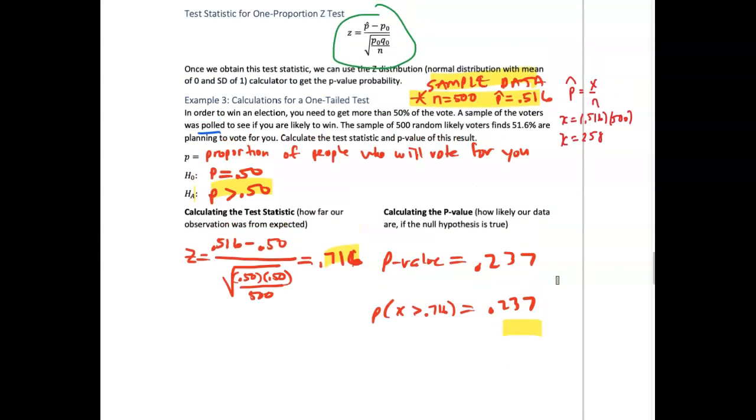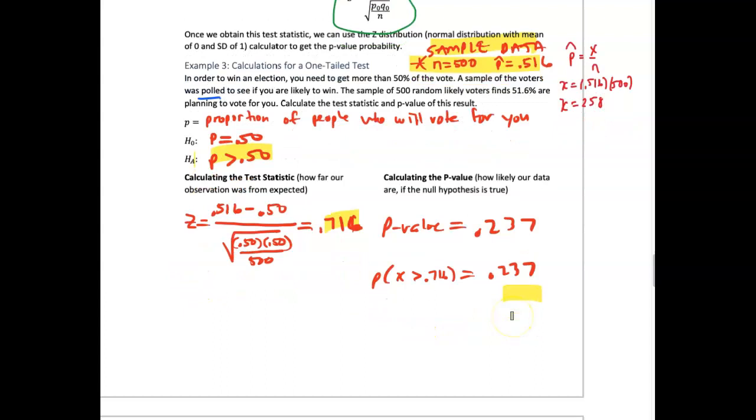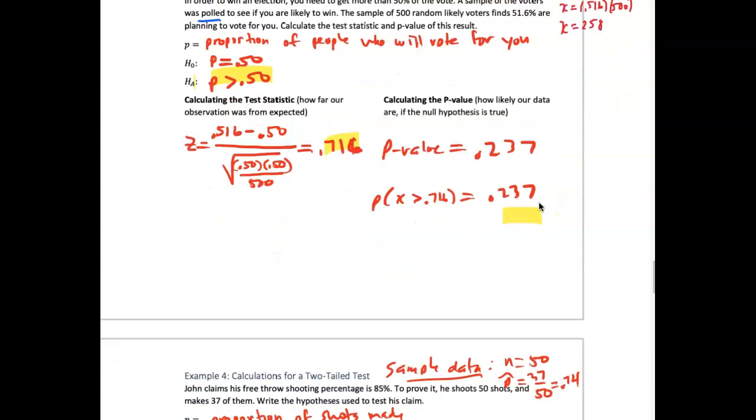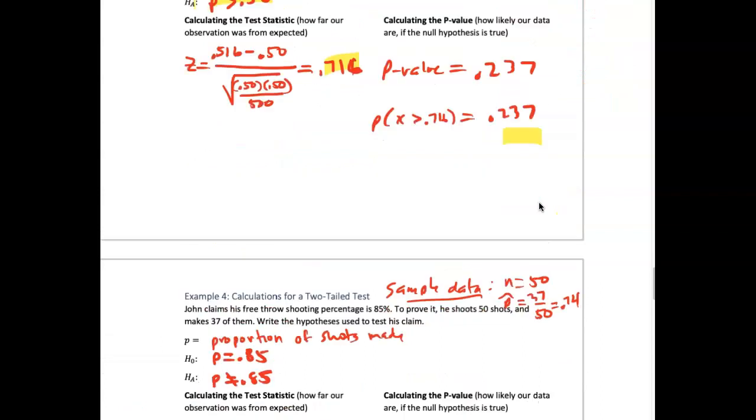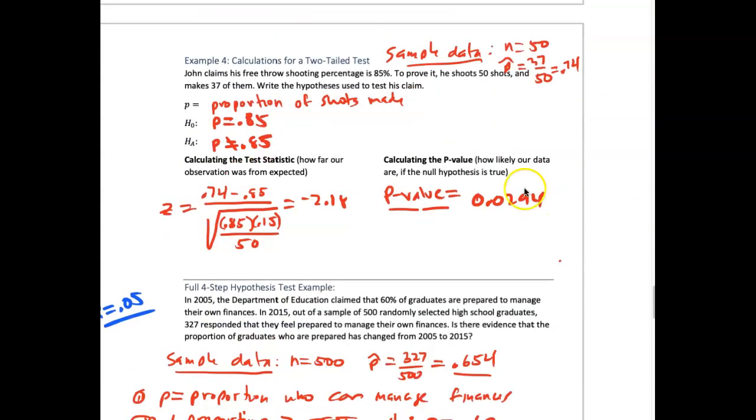We would use the ARTISTAT and the standard normal calculator, because it's a z value, and then you calculate that probability. You will see some videos in our online homework that will help you with some of these calculations too, so keep that in mind.